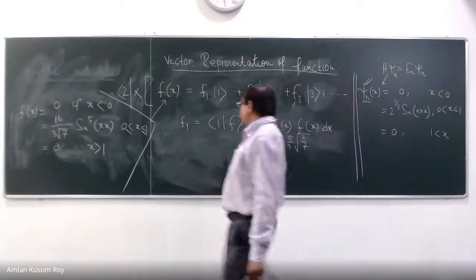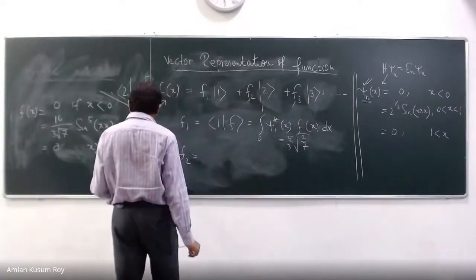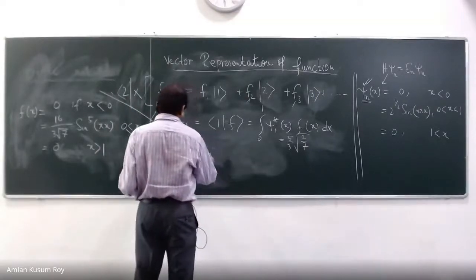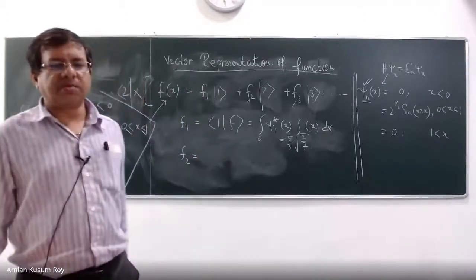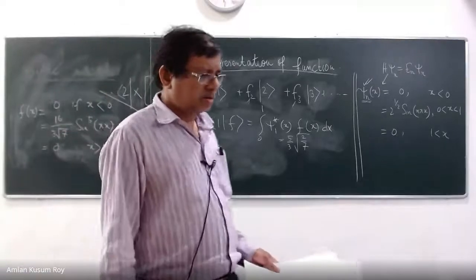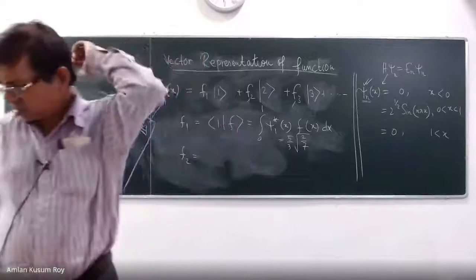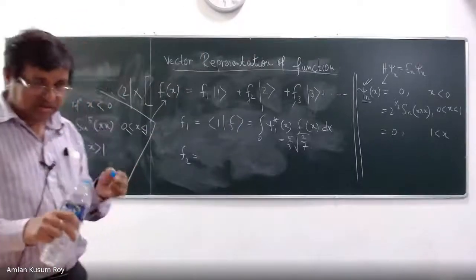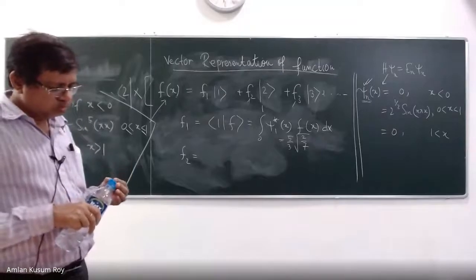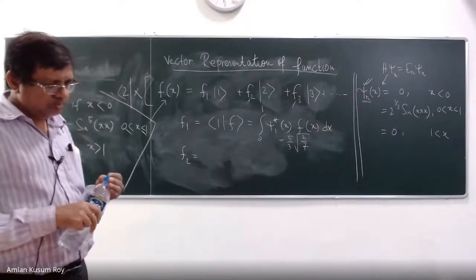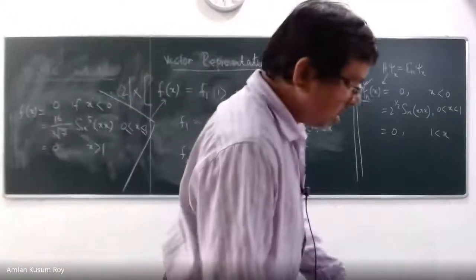And I can write f2. What will be f2? Can anybody tell me? It's easy to figure out what f2 is. So f2, f4, these are going to be 0.